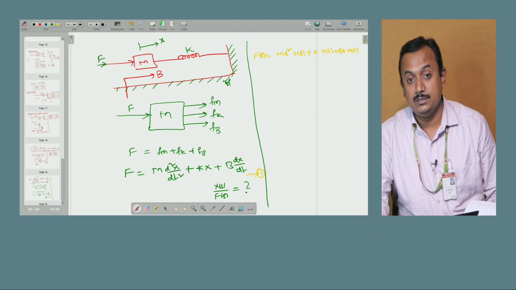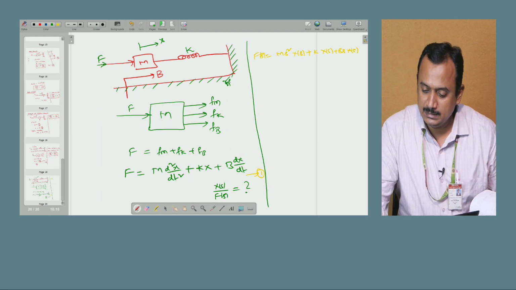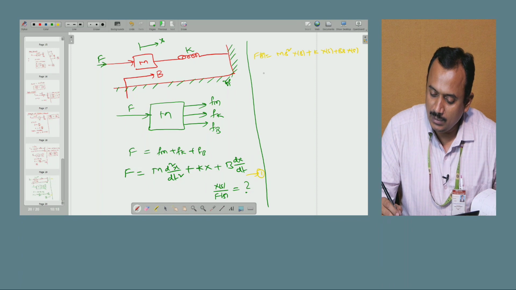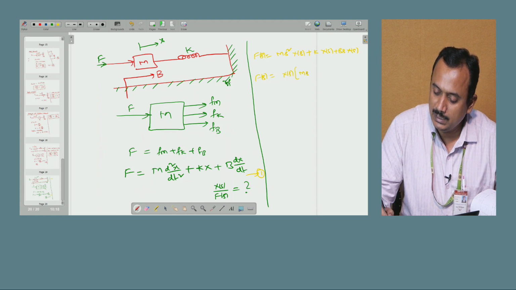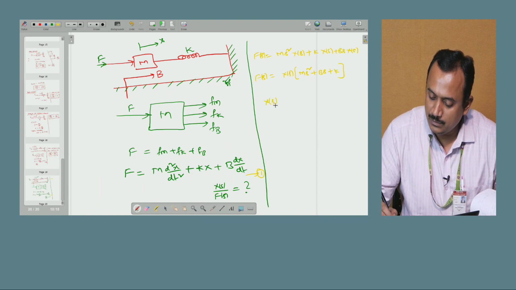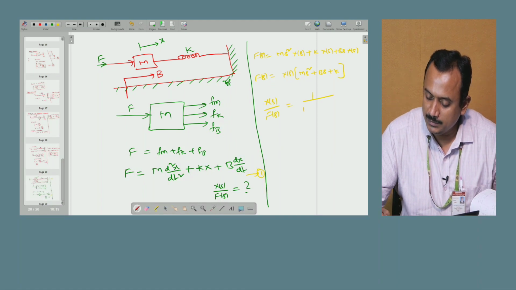So see, all these values we have already seen in the previous class. Now F of s is equal to, by taking x of s common, we will get m s square plus b s plus k. So x of s by F of s becomes 1 by m s square plus b s plus k.